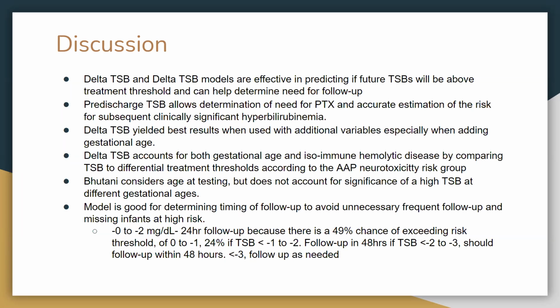And then again, they're saying that this model might be good for determining whether or not a patient needs to follow up or when the patient needs to follow up so that we don't miss the peak of their bilirubin, so we don't test too soon and we don't catch the patient when it's too late.